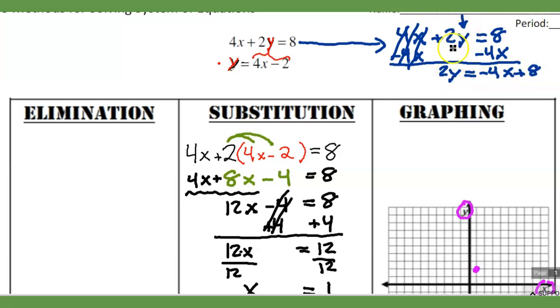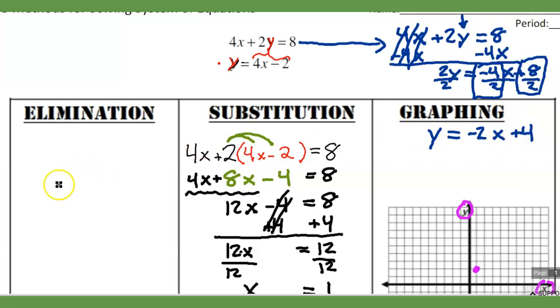And then since we want just y, not 2y, we can divide by 2 everywhere. So what we actually want to graph is y equals -4 divided by 2, -2x. 8 divided by 2 is 4. And that's the same as -2 over 1.